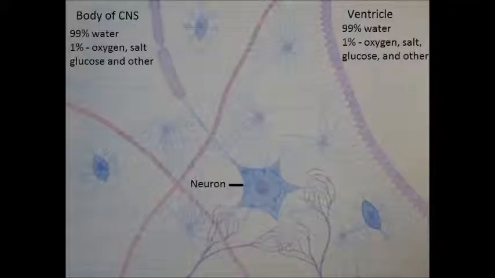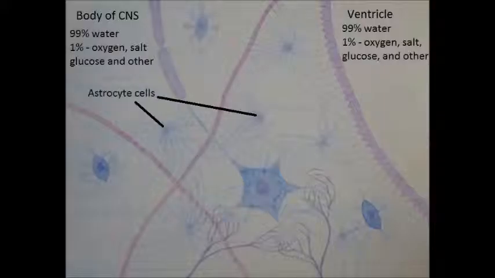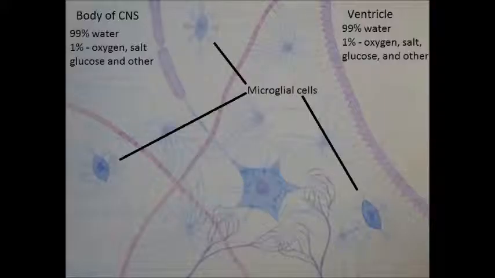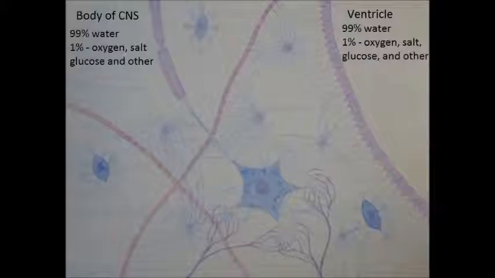Now, the cells in the central nervous system are not joined together. These are cells in the central nervous system, the glial cells, the neurons, the astrocyte cells, the microglial cells, and they are held together by tentacles. They're not just a bit of water travelling around the cell, the width of a protein.